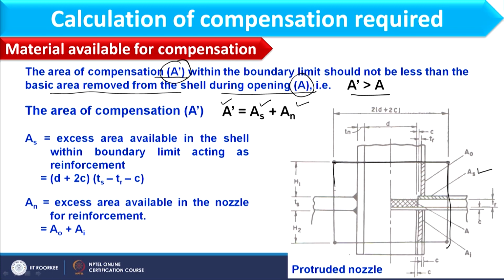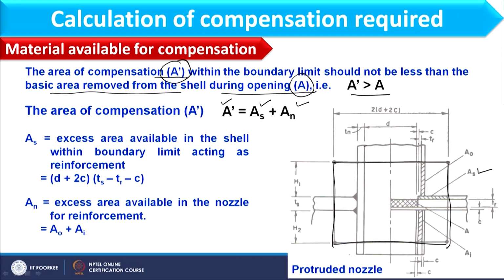Why is it so? Because we have discussed that whatever opening I am creating, the stress would be maximum at the edge of this opening, and it diminishes after twice the diameter of this opening. So, if I have this opening of D, where I am considering D plus 2C, then twice of that will be the total area on which I have to focus.